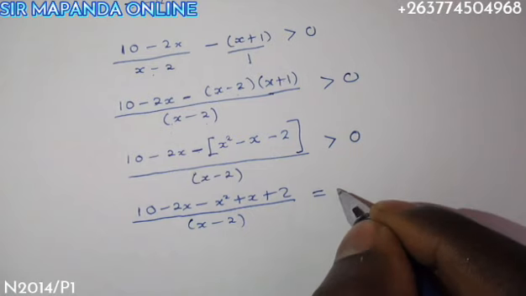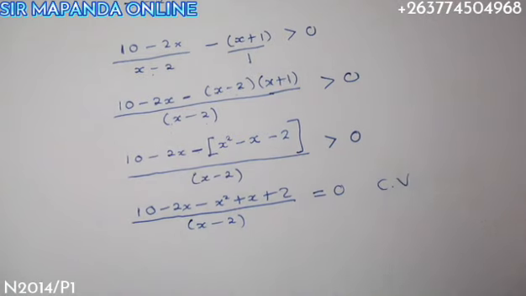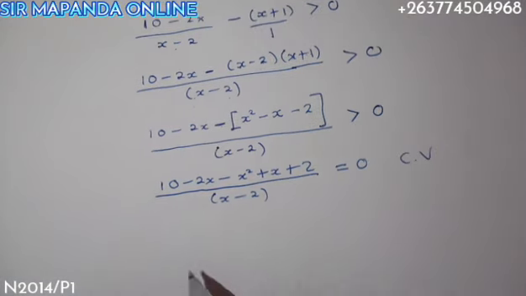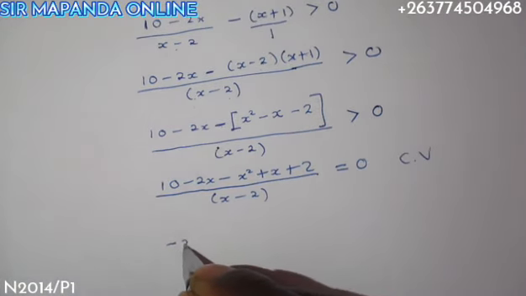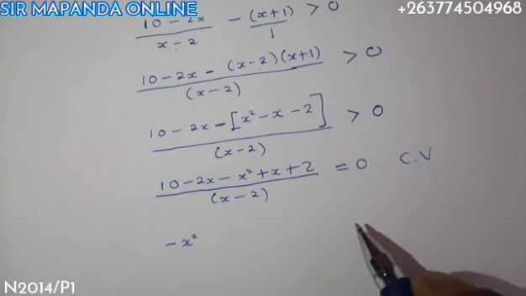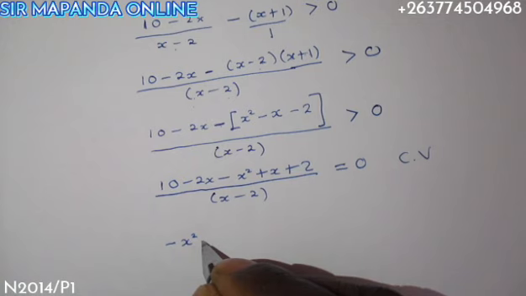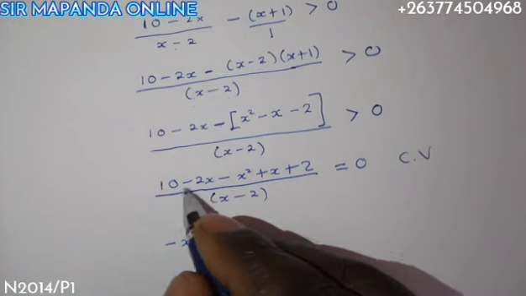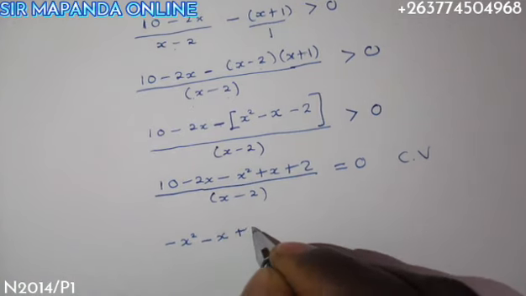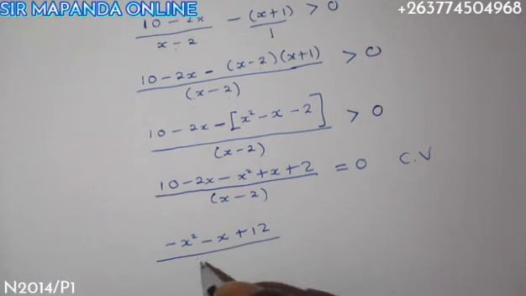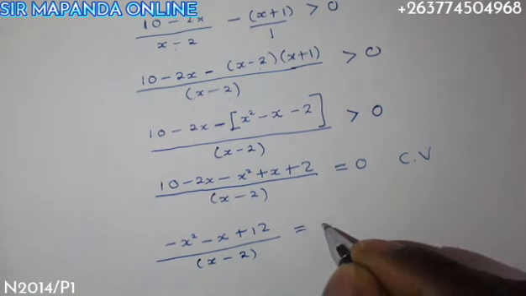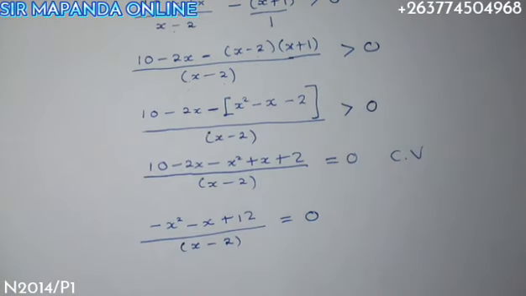So let me put an equal sign because we want to identify the critical values. Right. Collecting like terms, you are going to get minus x squared, right? Minus 2x plus x, it gives you minus x. 10 plus 2, you get 12.